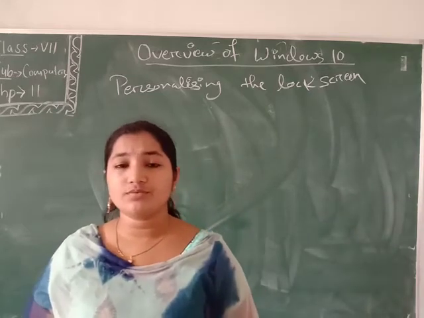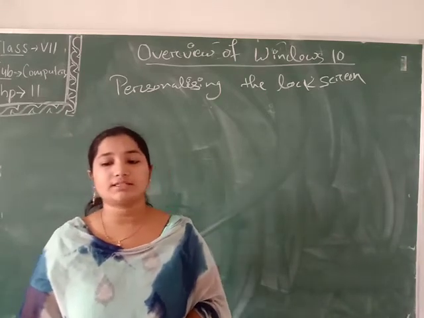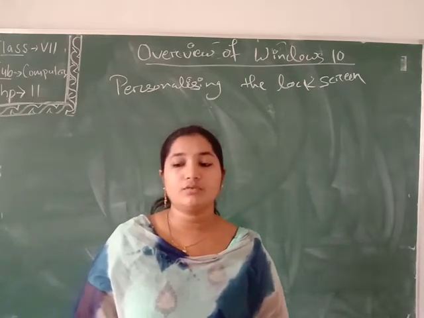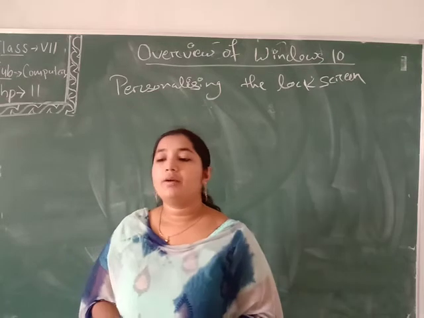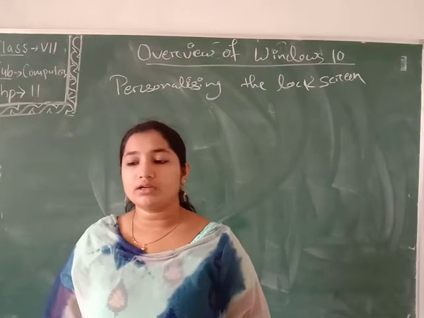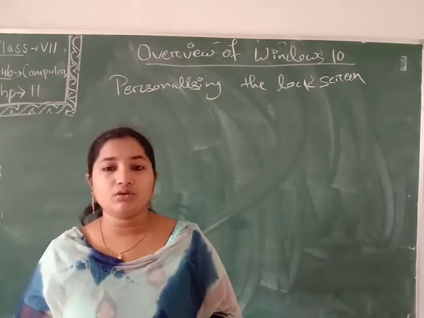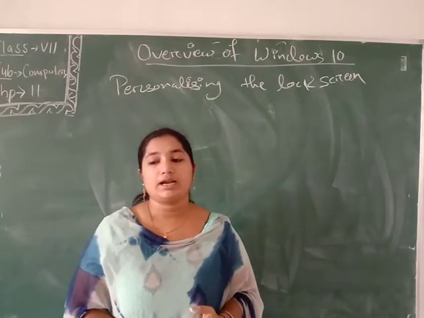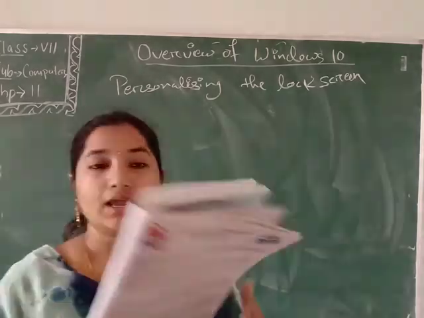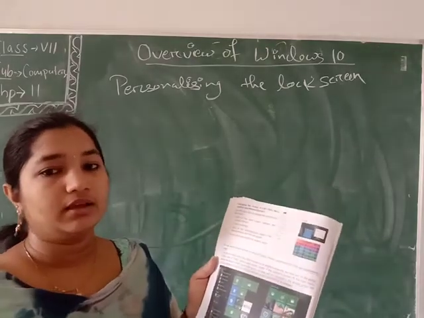If this option is turned off, the start menu, taskbar and action center will be dark gray, but titles will be colored in the accent color. We can also choose to make the start menu or start screen transparent. So you can see, after choosing the color, the screen will be like this.